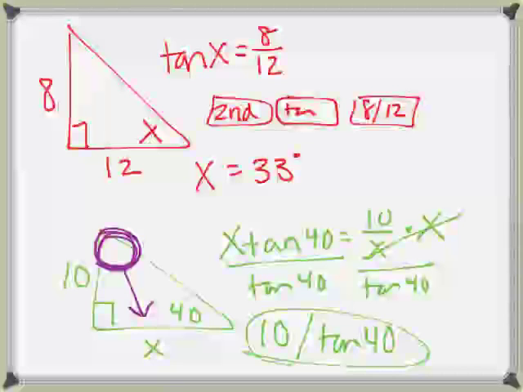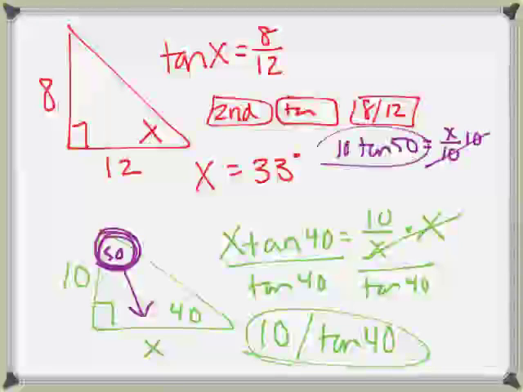How big is it? 50, because we have to have 180 degrees in a triangle. So we can find out what that missing angle is. And then we could set up tangent of 50 is equal to x over 10, which is easier to solve. How do we solve this? Multiply by 10 and type 10 tangent of 50 in.